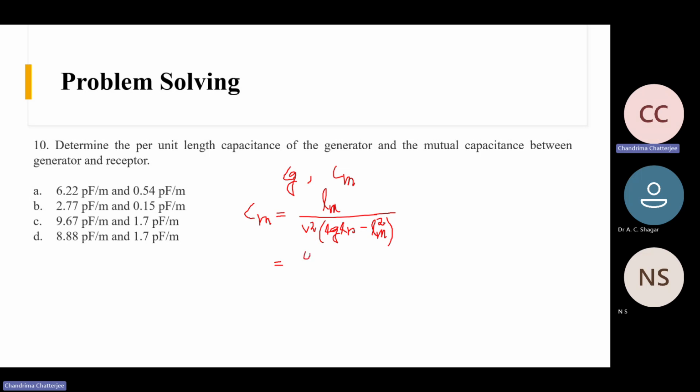LM value was 0.151 microhenry per meter. This is minus 6 and then this is 3 to 10 power 8.